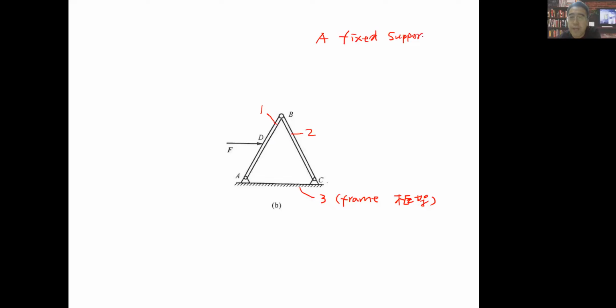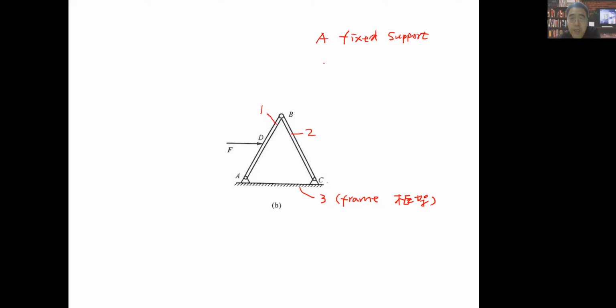It connects part 1 to part 3, right? So there will be some relationship between part 1 and part 3. Part 1 will have some action on part 3 through point A. Likewise, part 3 also has some action on part 1 through point A, just because it's a fixed support, right?